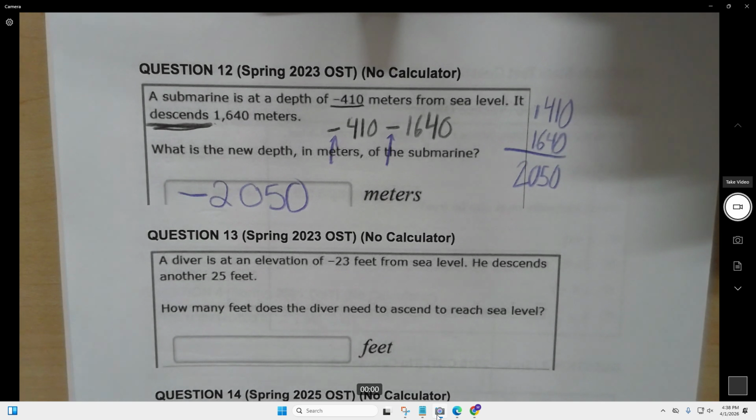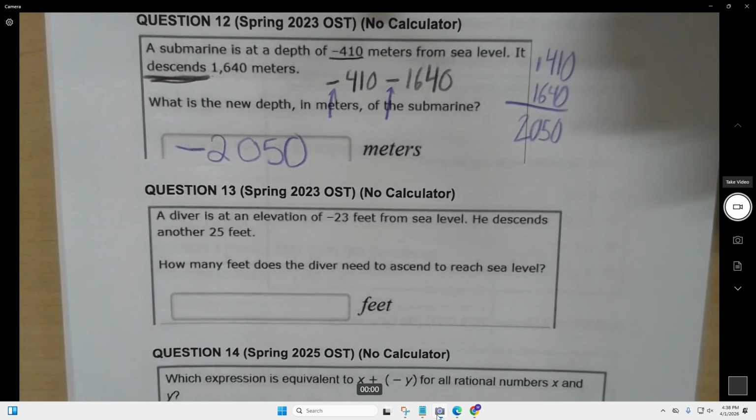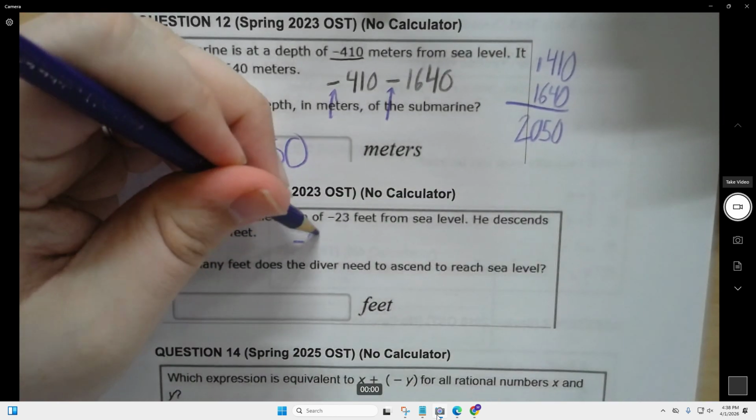All right, question 13. A diver is at an elevation of negative 23 feet from sea level. He descends another 25 feet. It was on the same OST. Like the exact same question, except with smaller numbers. How many feet does a diver need to ascend to reach sea level?